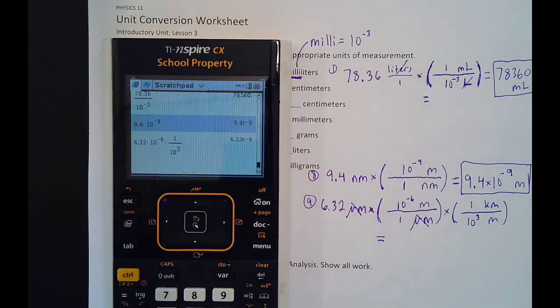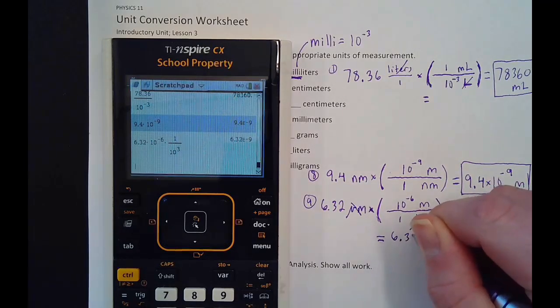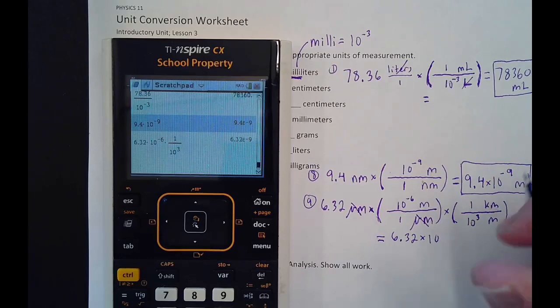So we end up with 6.32 times 10 to the negative 9. Meters cancel meters, and we have kilometers in the end.